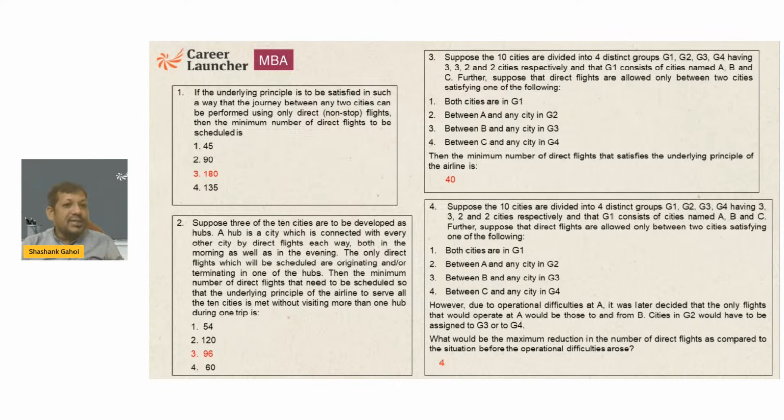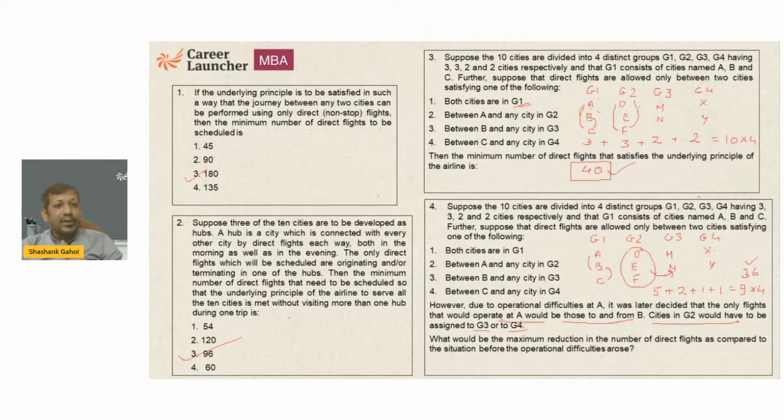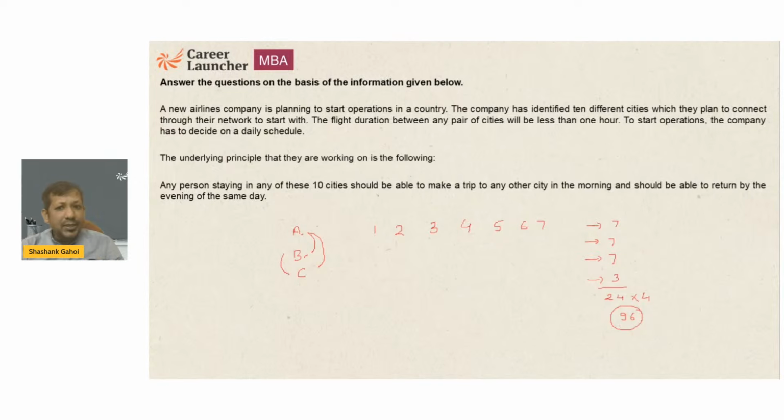Once you understand the set, you need not do anything. The most important part in this set is that each pair is always going to have 4 flights. So if you understood that, now this set has nothing. Clear?